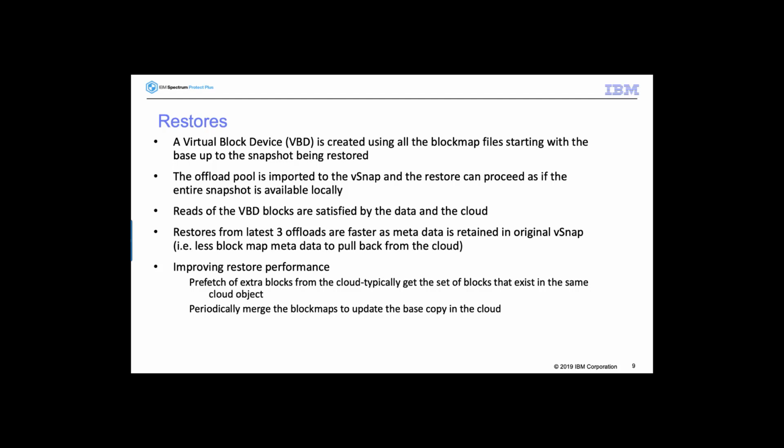We also do some other things to improve restore performance. We prefetch extra blocks from the cloud because you typically get the set of blocks that exist in the same cloud object together, so that's going to improve some performance. And we're also going to periodically merge the block maps to update the base copy in the cloud.